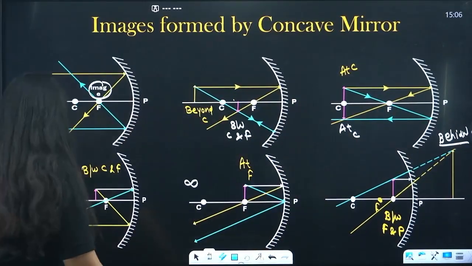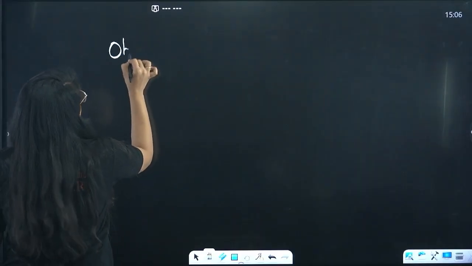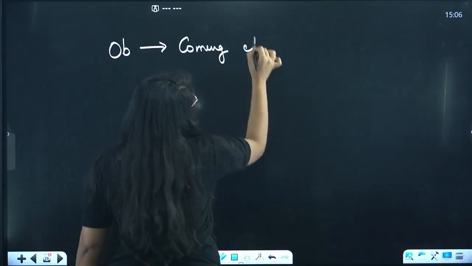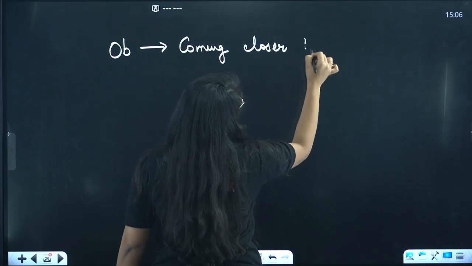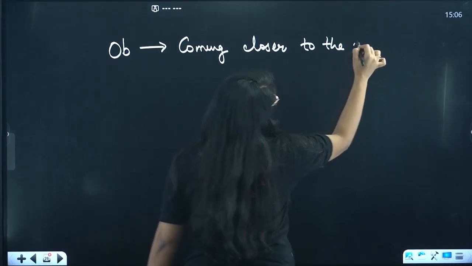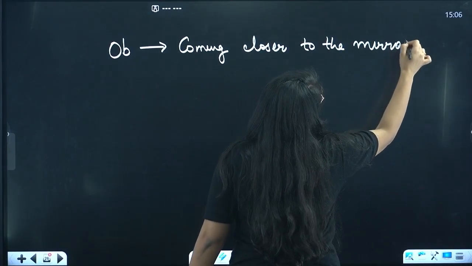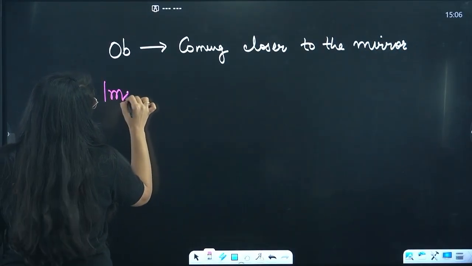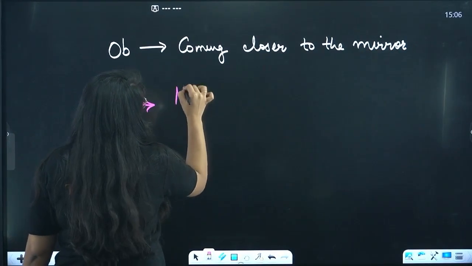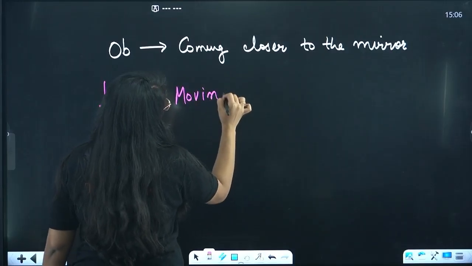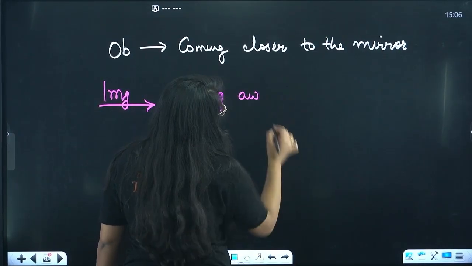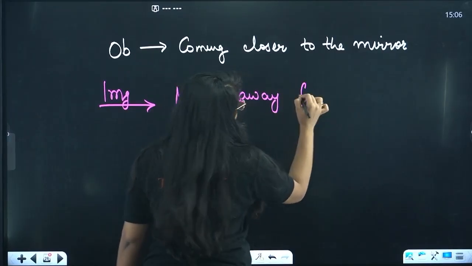So what is happening? The object, beta, is coming closer to the mirror, right? And the image, on the other hand, is moving away from the mirror.